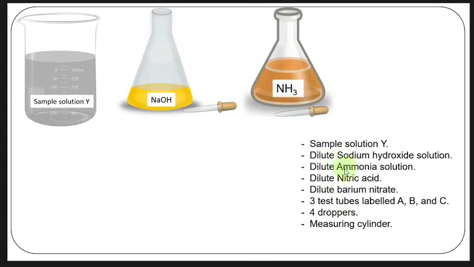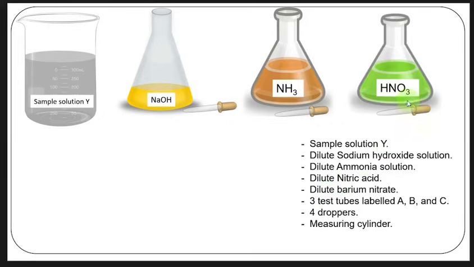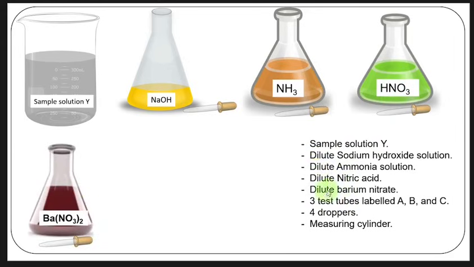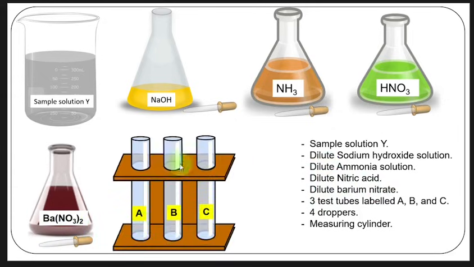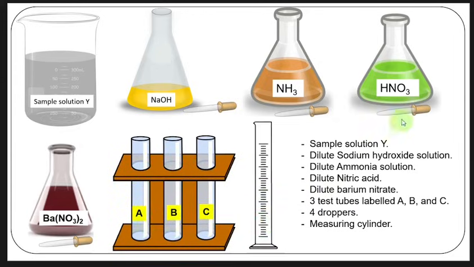It can be given by name like this, or by chemical formula like this, with its own dropper. Then you can be given nitric acid also like that, and barium nitrate like this. And then you may be given the 3 test tubes that have been labeled like that, and a measuring cylinder. So you may be given these in such a question.